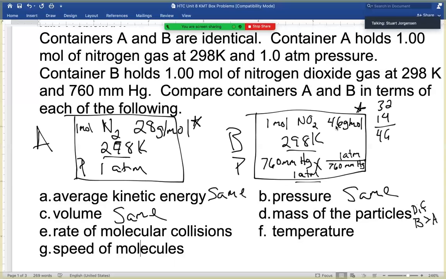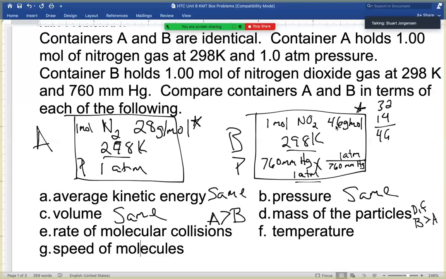Our heavier particles will always be moving on average slower than our lighter particles. The heavier particles move slower than lighter ones. And so we would say the rate of molecular collisions is going to be greater for the faster particles. So E, our particles in A are going to hit more frequently than our particles in box B. And that is because the speed is different.